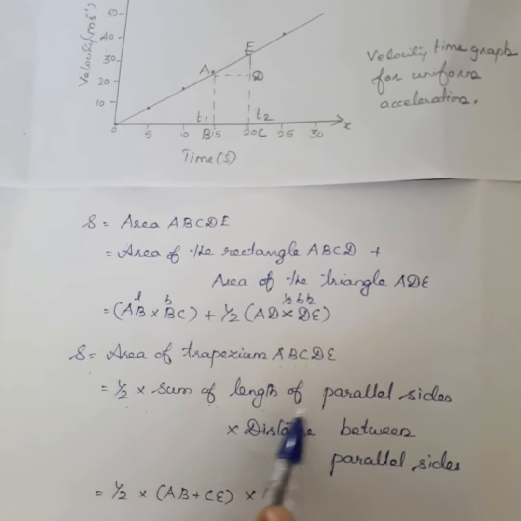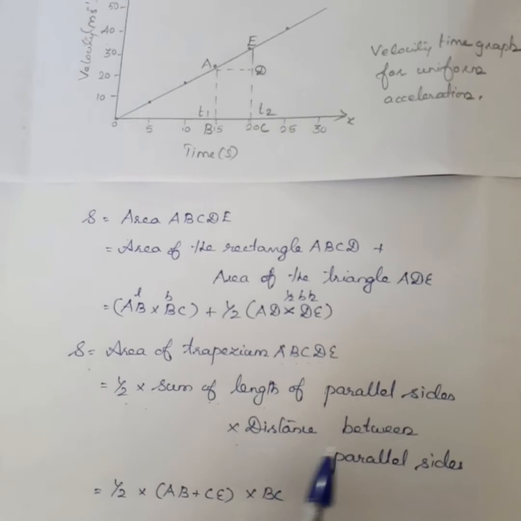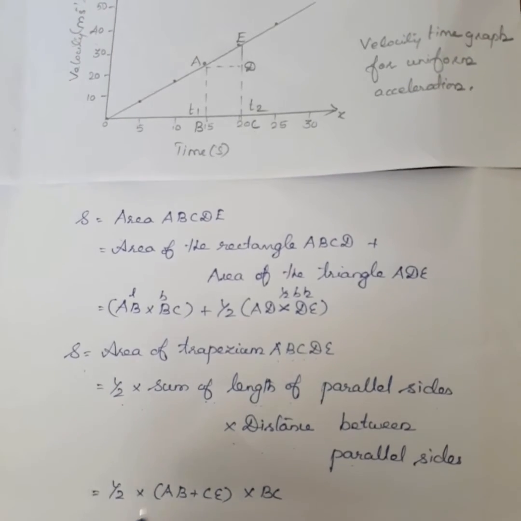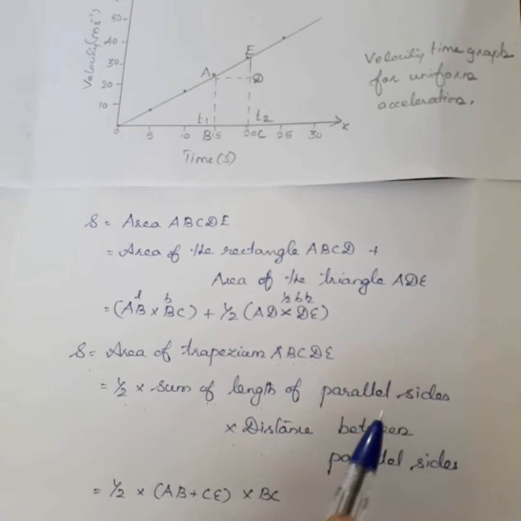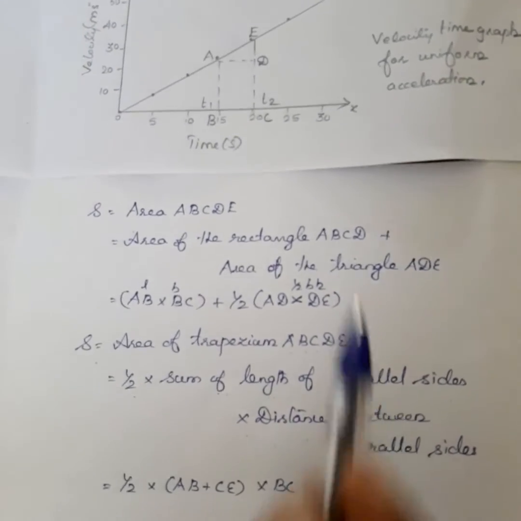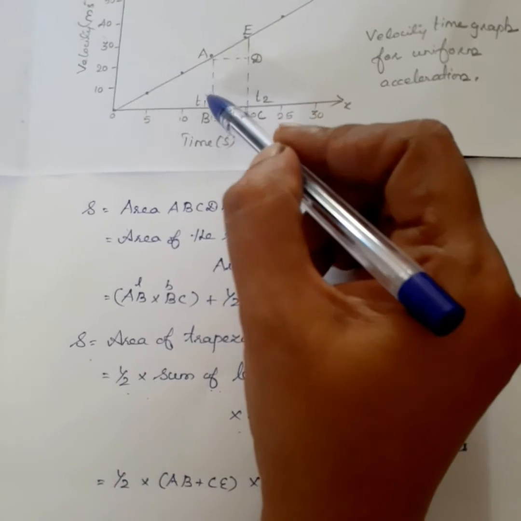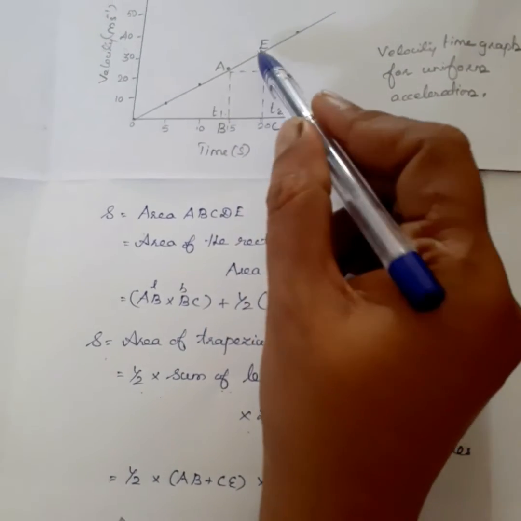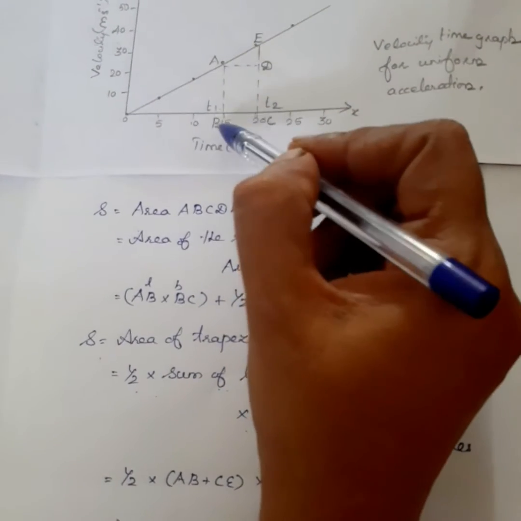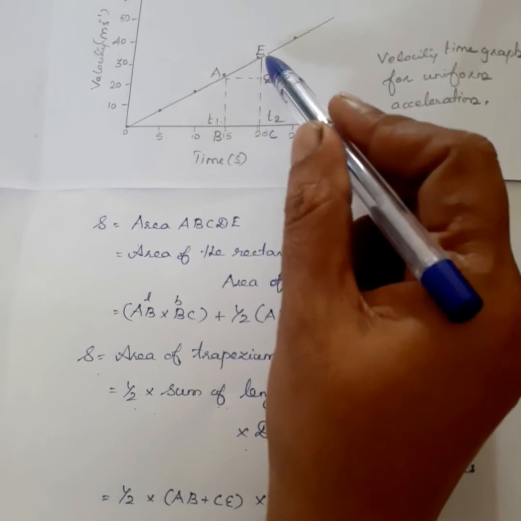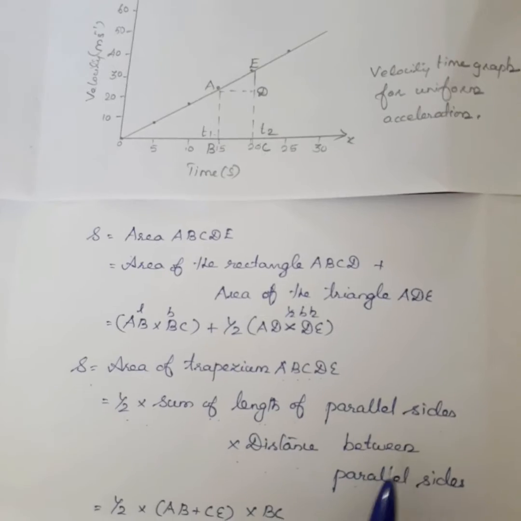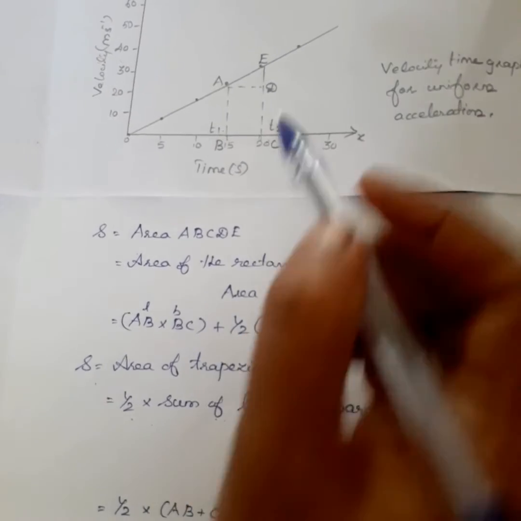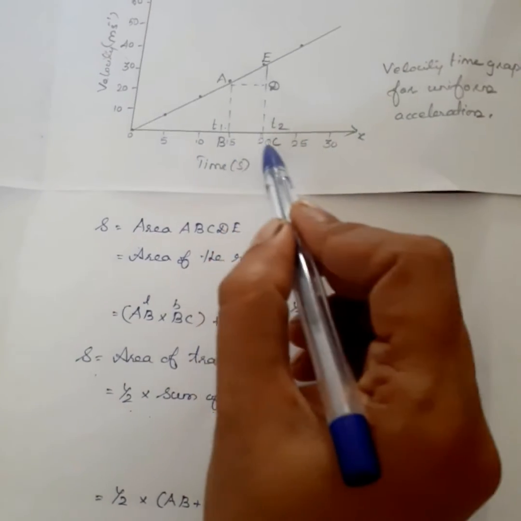Sum of length of parallel sides means here AB plus CE, into distance between parallel sides, T2 minus T1, so here BC.